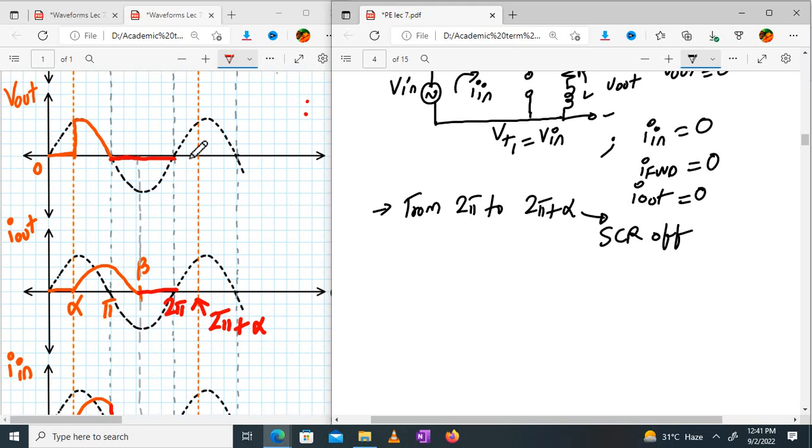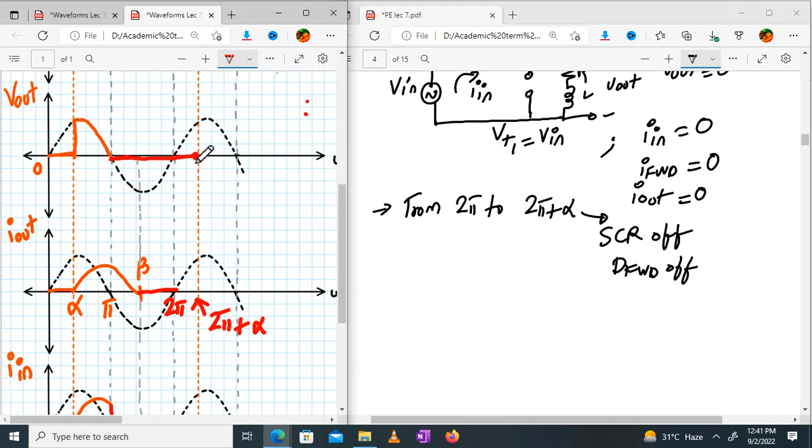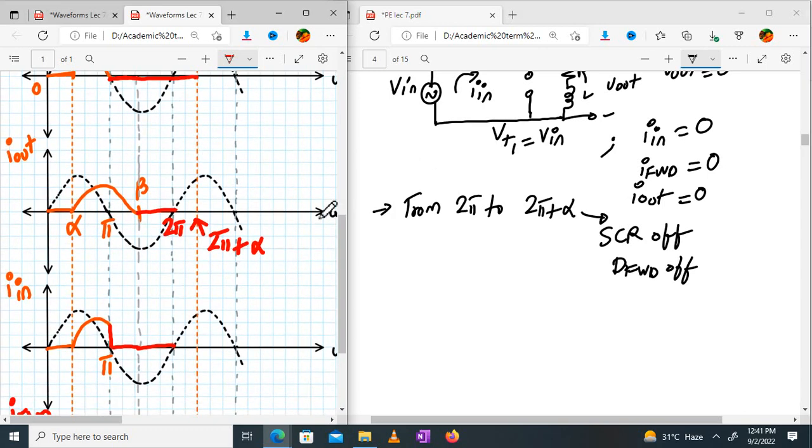And this is the positive half cycle, which means my freewheeling diode is also off. So all the currents in the circuit will be 0. What about the voltage? Voltage also 0. So you continue to make this till 2 pi plus alpha.